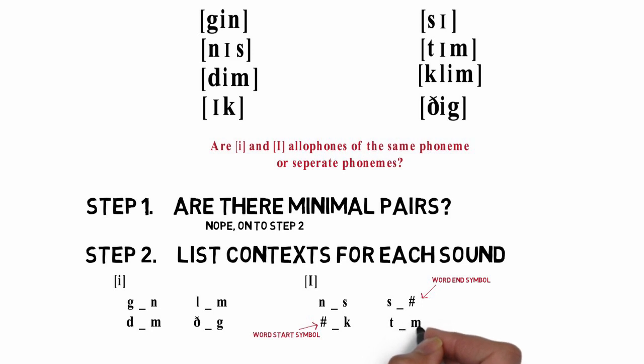We have between t and m in the word tim, and that's it. Do note that we're using the hash sign to identify a word boundary, and when it comes before an underscore, it means the word start, and when it comes after an underscore, it means word end.